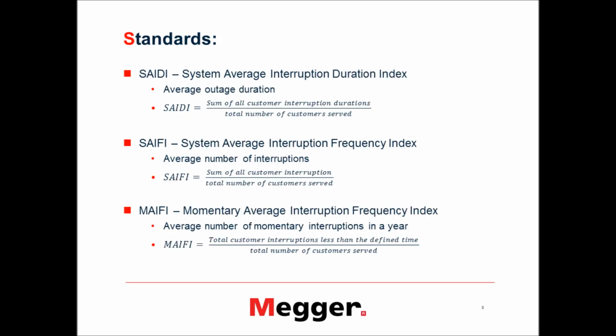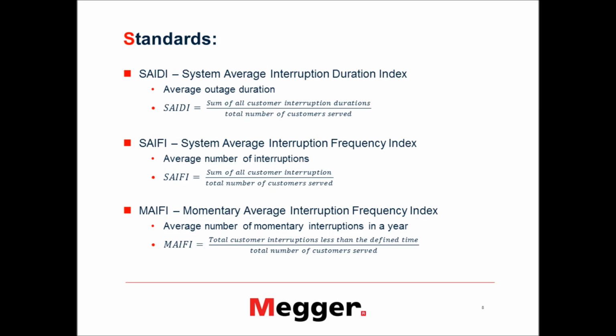What is SAIDI? Probably most of you already know about this. SAIDI is called the System Average Interruption Duration Index, and that tells you the average outage duration. It is a ratio of the sum of all the customer interruption durations divided by the number of customers served.